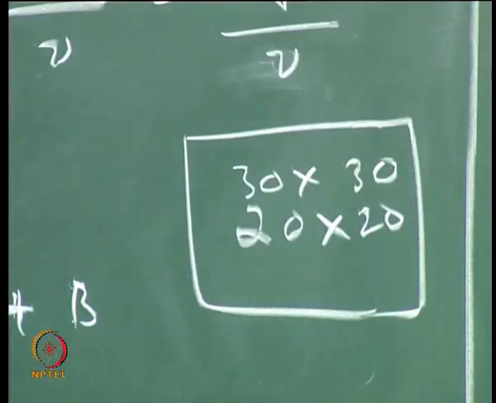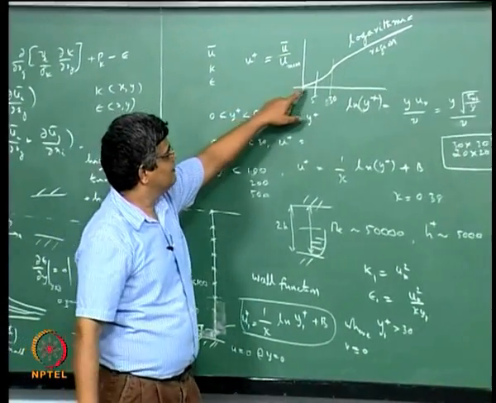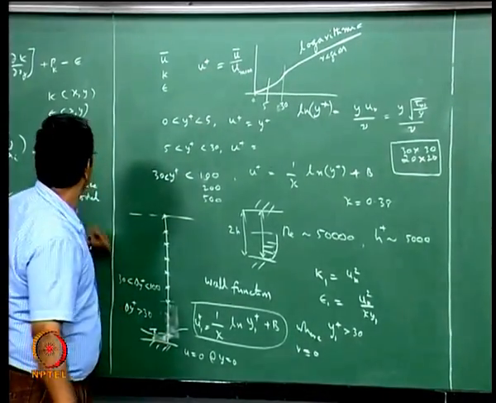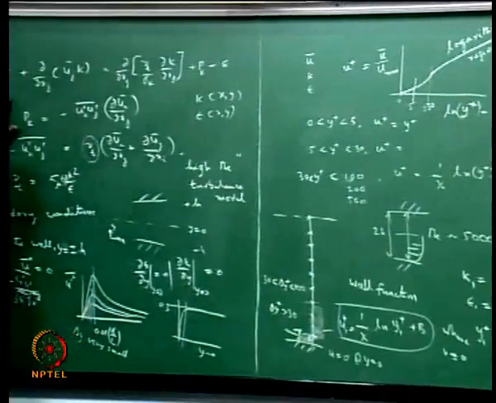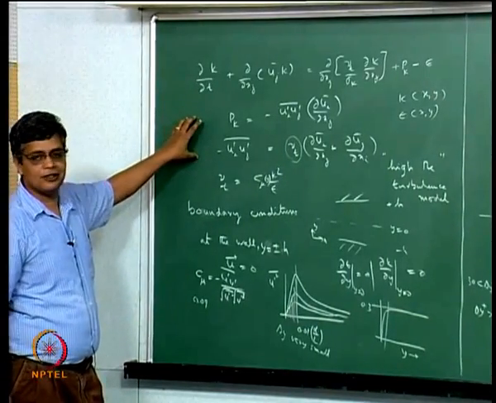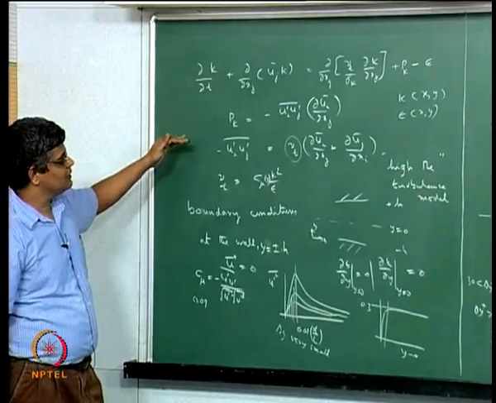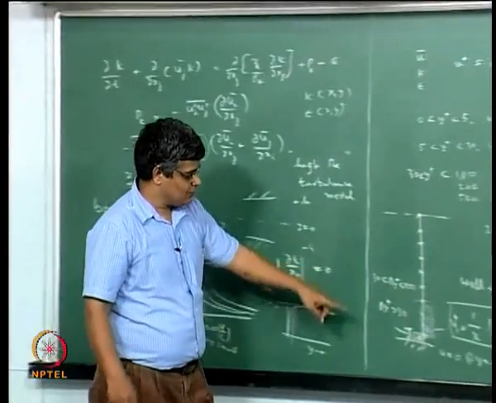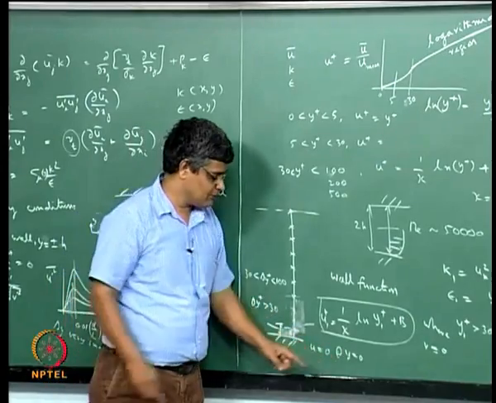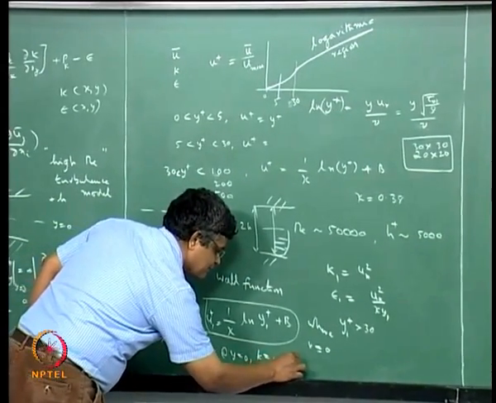But if we do not have this wall function, and if we want to resolve this velocity profile all the way right up to the wall, then we have to make changes to the turbulence model. There are definitely turbulence models which enable us to calculate right down to y equal to 0, for which the boundary condition will be u equal to 0, k equal to 0 and epsilon equal to 0.